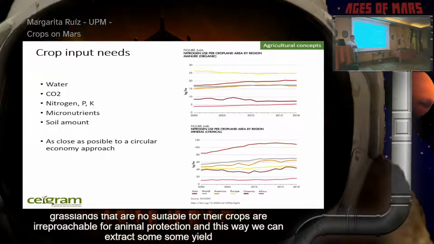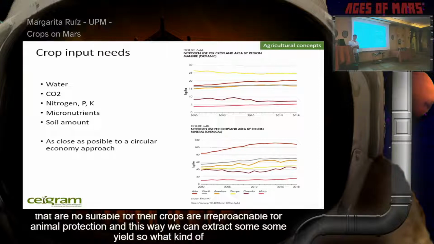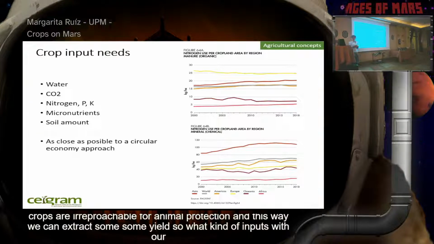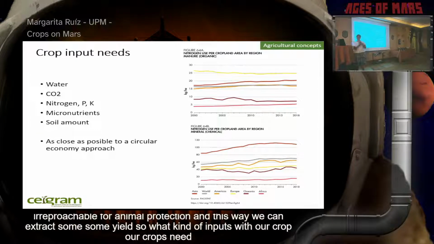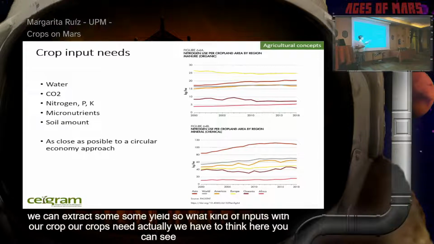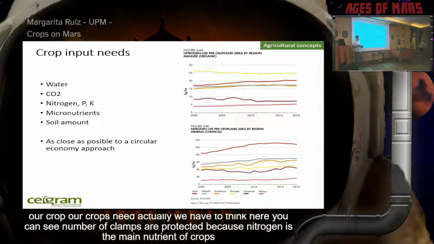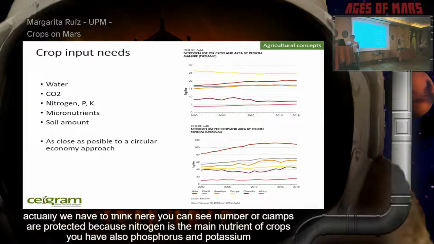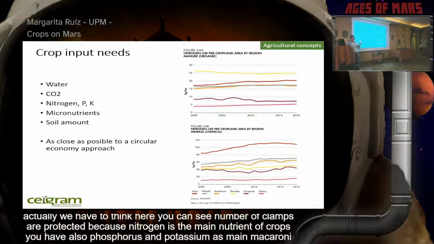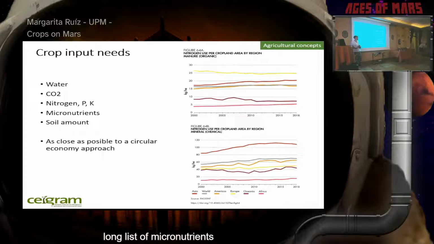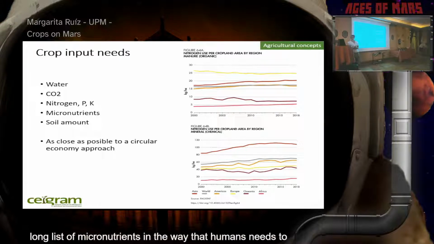So, what kind of inputs would our crops need? Here you can see the number of kilograms per hectare of nitrogen, because nitrogen is the main nutrient of crops. You also have phosphorus and potassium as main macronutrients, and a long list of micronutrients, in a similar way to what humans need.